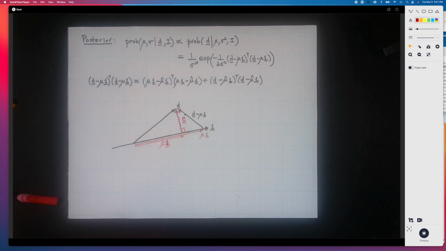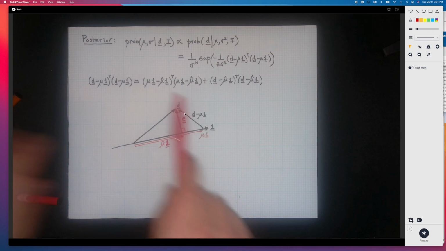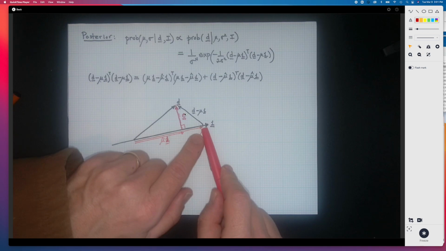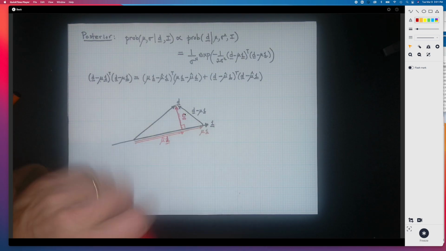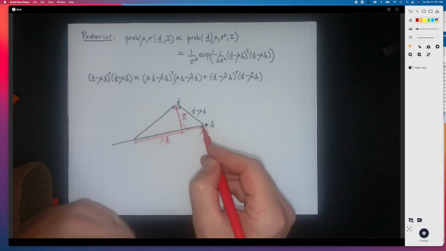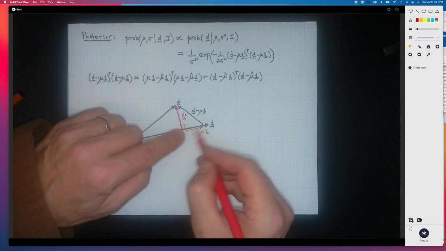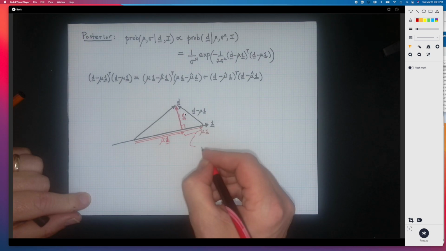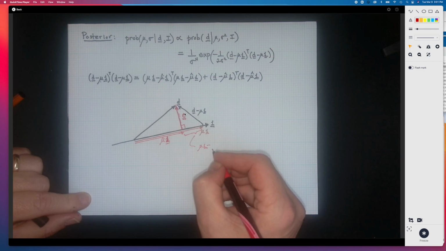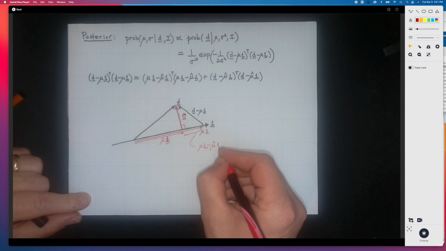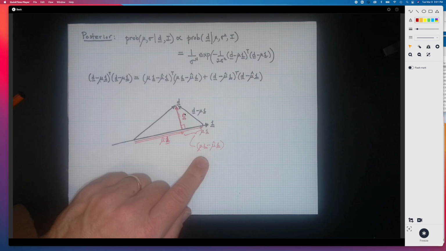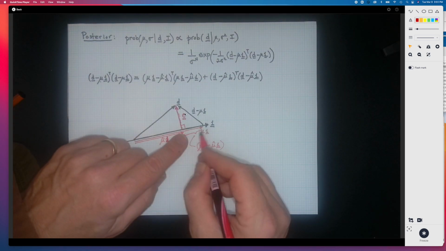And so the breakdown I did here is just the Pythagorean theorem. This vector, mu1 minus mu hat times 1, gives me the length of this one, and this is the sum of the squares of this bit.